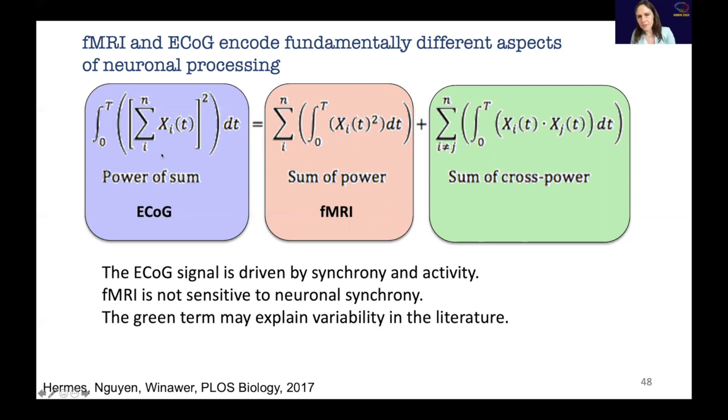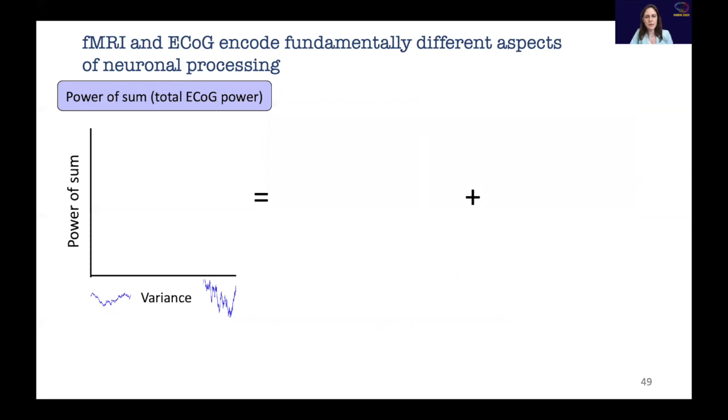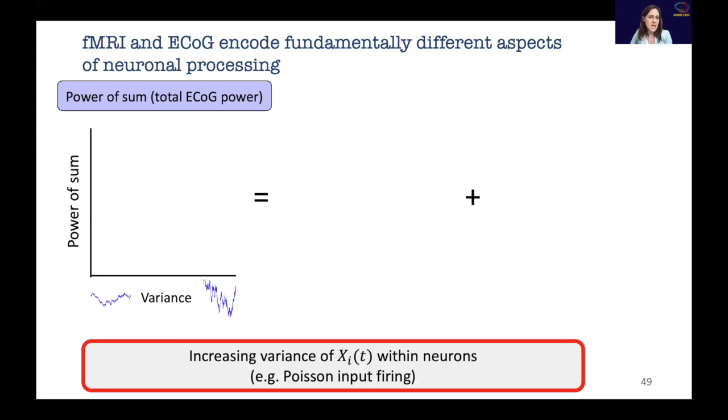And because this framework makes important predictions about other brain functions, let's also try to look at this not just in equations, but in graphs. Here we plot the power of the sum that we use to simulate the total ECOG power as a function of, for example, the variance between neurons, because the neurons' membrane currents may increase in variance when there is an increase in Poisson input firing rates.